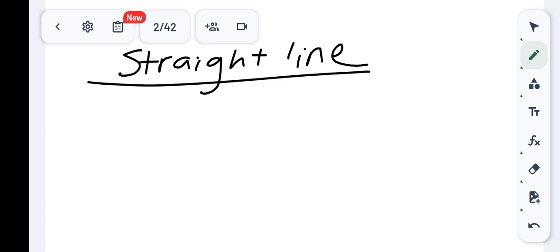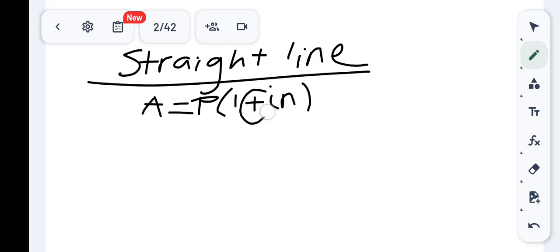The formula for simple interest, remember, is A equals P into 1 plus i n. The difference is that instead of plus, we put minus in depreciation. Why? Because we are decreasing, not increasing.